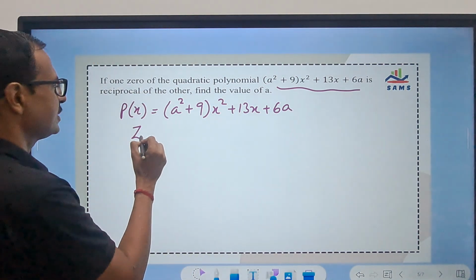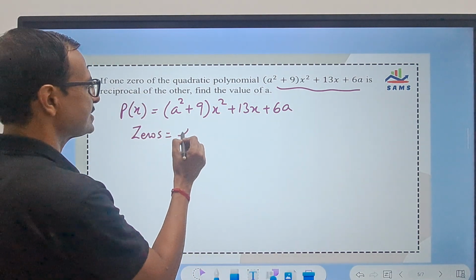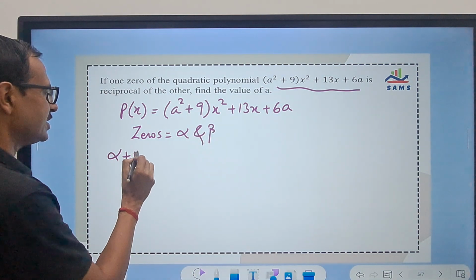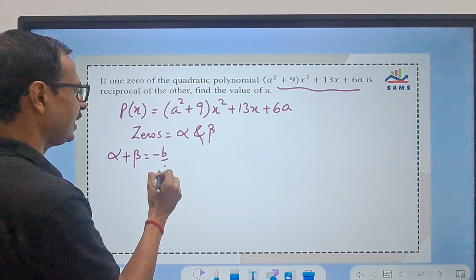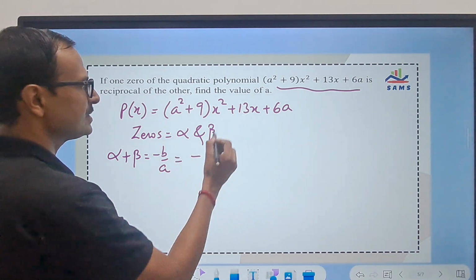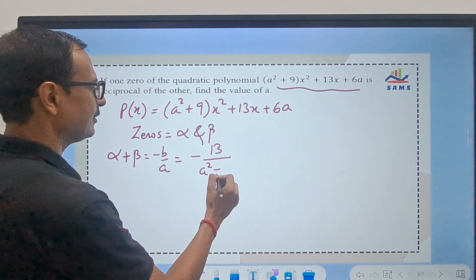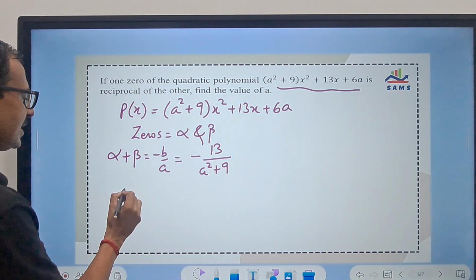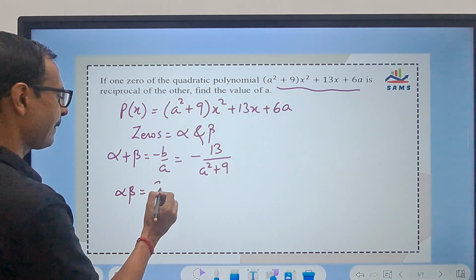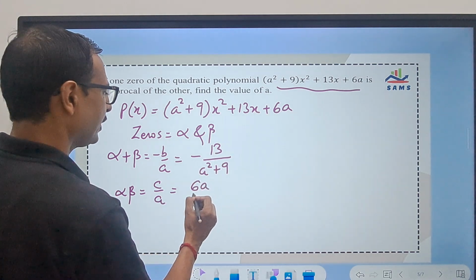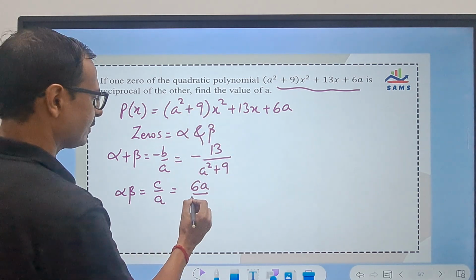Again, zeros, I'll assume the zeros as alpha and beta, and so alpha plus beta is minus b over a, that is minus 13 over a, which is this entire thing, a squared plus 9, and then alpha beta is c over a, c is 6a, over a squared plus 9.